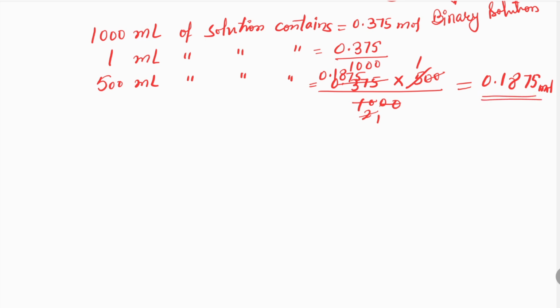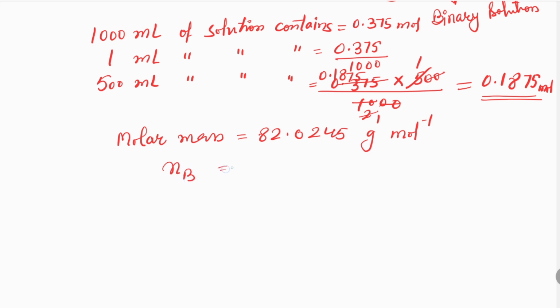So we have to calculate the mass, which is the given mass. Molar mass has been given, which is 82.0245 grams per mole. Number of moles we have calculated over here, 0.1875 moles. Nb is equal to W divided by molar mass.